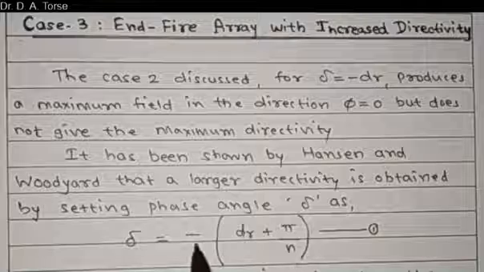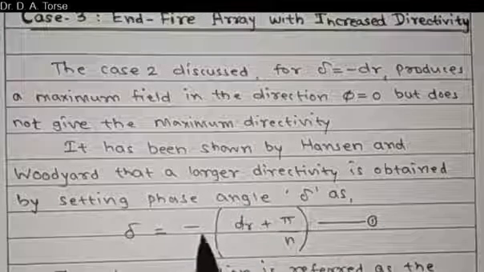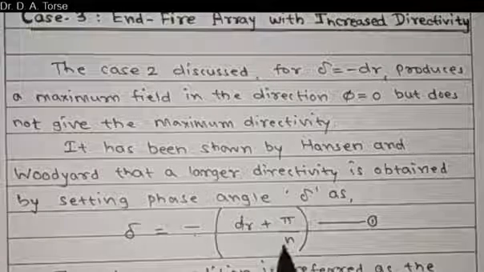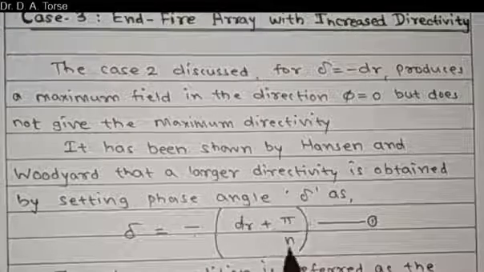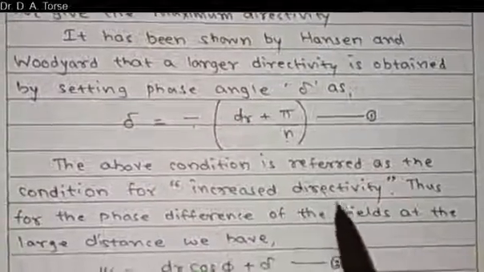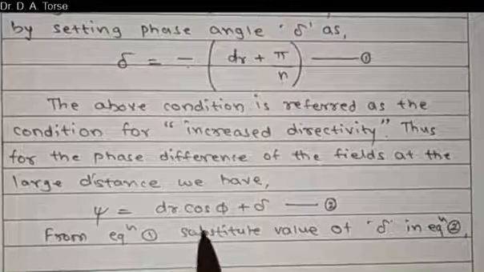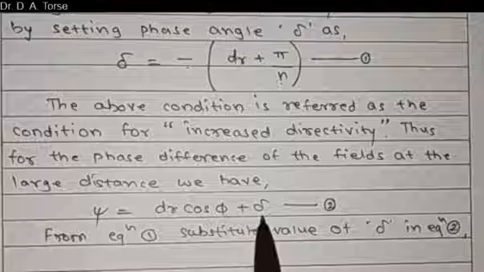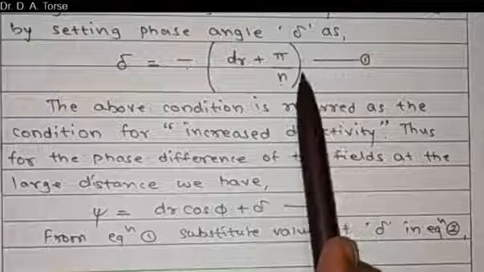So our previous delta, which was minus dr, now becomes minus dr minus pi by n, where n is the number of elements. Taking minus common outside the bracket, it is minus of dr plus pi by n. This gives us increased directivity, and the phase difference psi now becomes dr cos phi plus delta, where delta is minus into bracket dr plus pi by n, given by equation number 1.